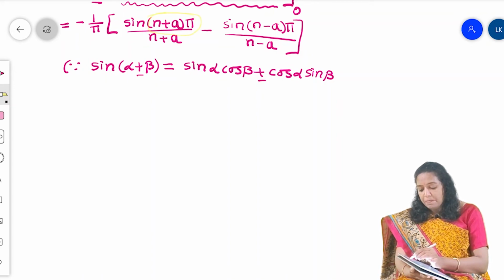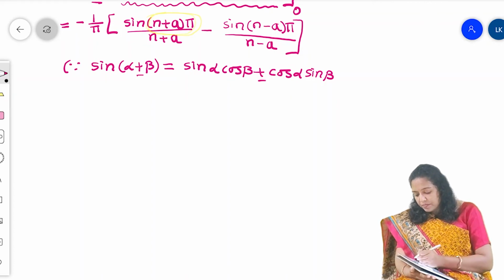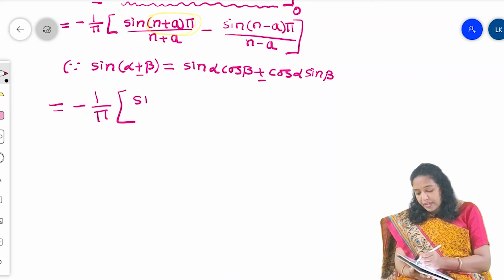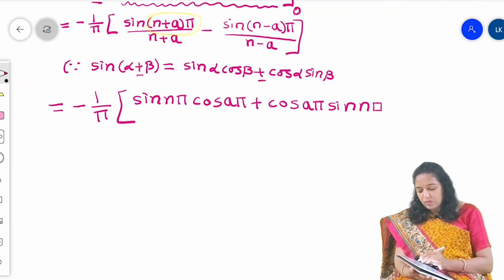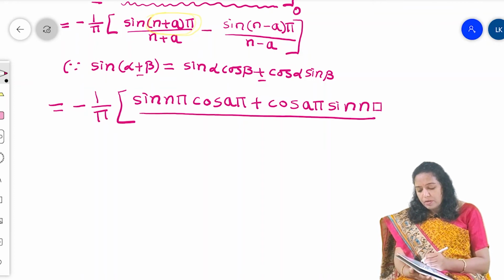Alpha is n pi and beta is a pi, equal to minus 1 upon pi, sine n pi into cos a pi plus cos a pi into sine n pi, whole upon n plus a.